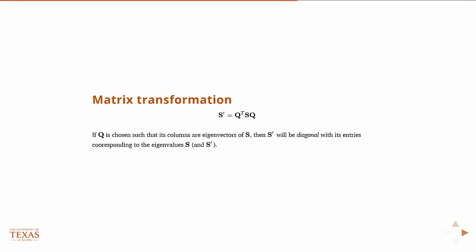If we chose the angle theta just right, such that Q coincides with the eigenvectors, again, we haven't worked an example yet, but we will. So if we choose Q such that it coincides with the eigenvectors of S, it will diagonalize S.